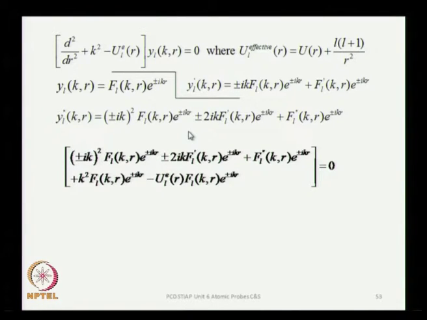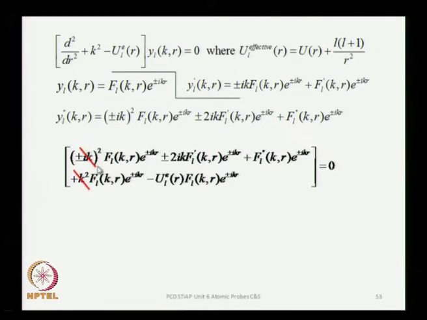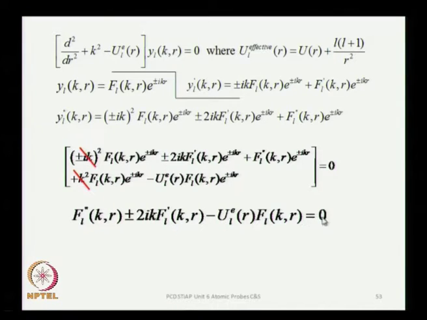It is very simple to do, it is just a matter of simple substitution. Notice that these two terms cancel, this is plus or minus ik square and this is k square. So now you are left with only these three terms in this bracket, and these three terms add up to 0.